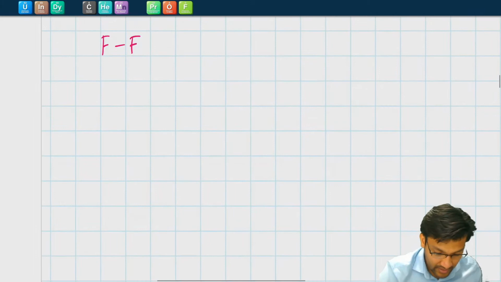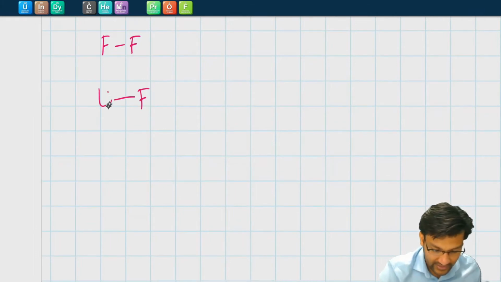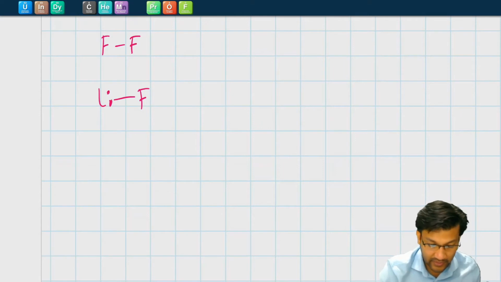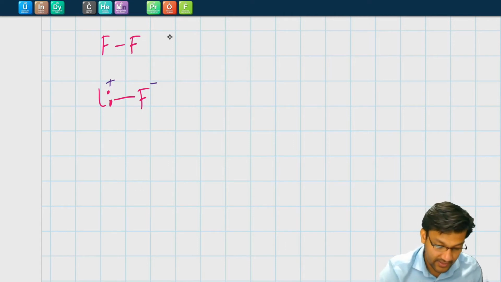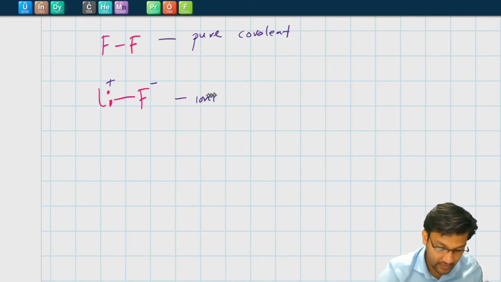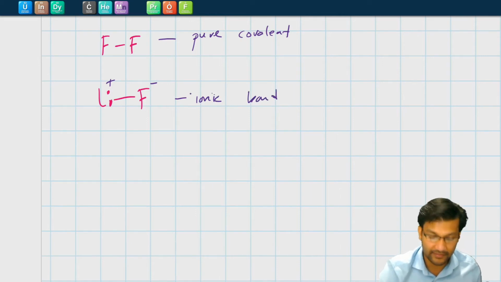For an ionic bond like lithium fluoride, their electronegativity values are so different that lithium forms a positive 1 charge and fluorine forms a negative 1 charge. So we'll write positive and negative there to show the charges between them. This is a pure covalent bond because they share equally. This is an ionic bond because we know that they form ions.